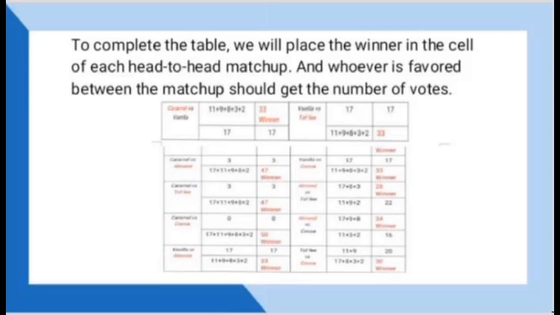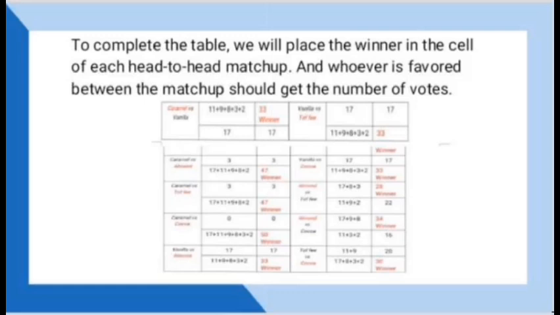Caramel versus vanilla: caramel 33 points, vanilla 17 points. Caramel versus almond: caramel 3 points, almond 47 points. Caramel versus toffee: caramel 3 points, toffee 47 points. Caramel versus cocoa: caramel 0 points, cocoa 50 points. Vanilla versus almond: vanilla 17 points, almond 33 points.